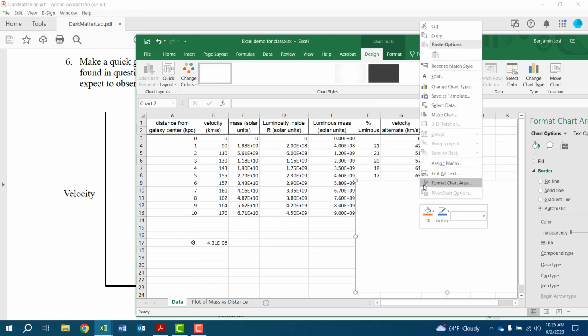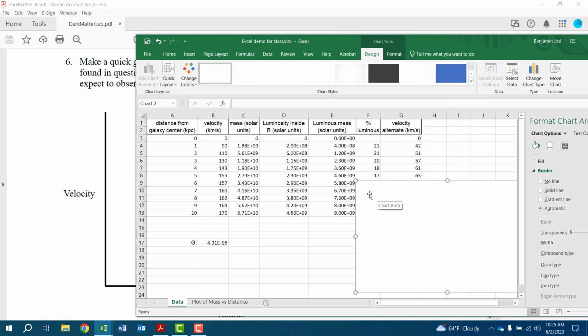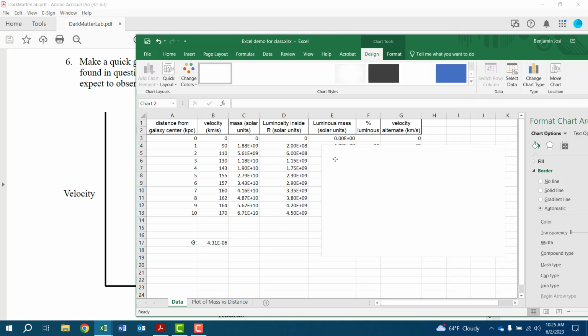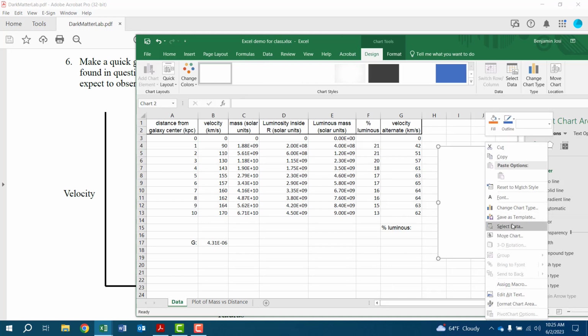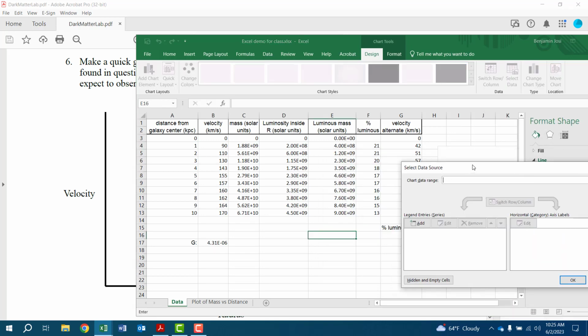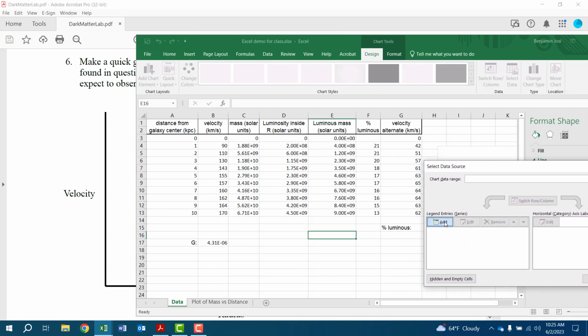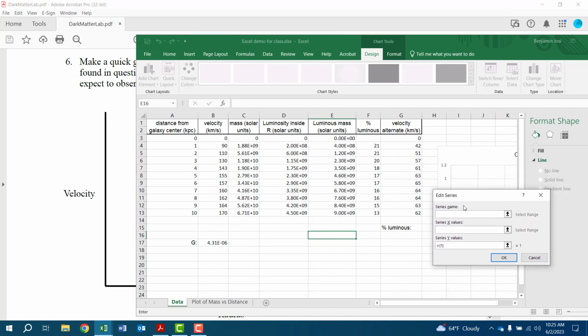Right click. And again, I'm going to anticipate that it's blocking the column that I want to highlight, so let me move it off to the side. Right click, select data, same thing with this. Add a data series. I'll put theoretical velocity versus distance from center.